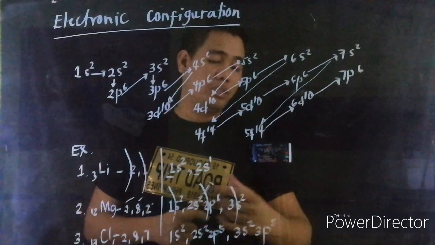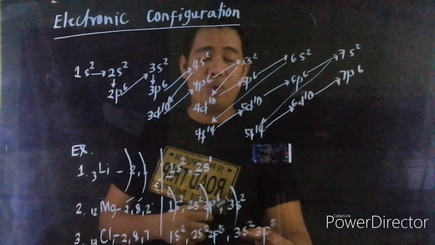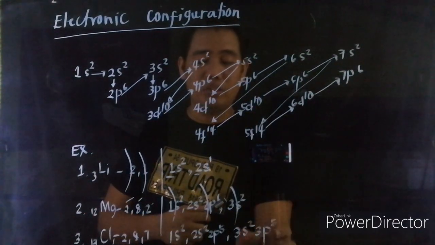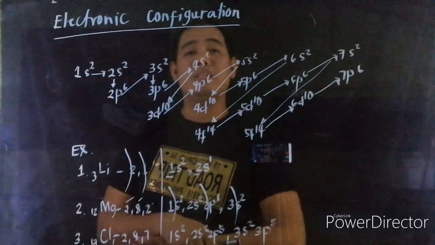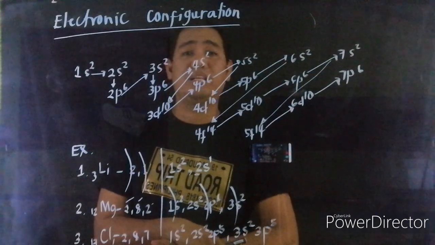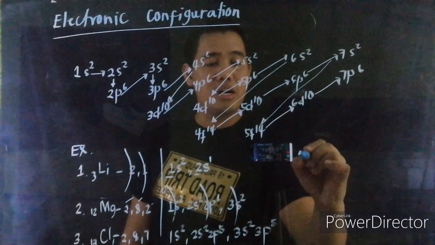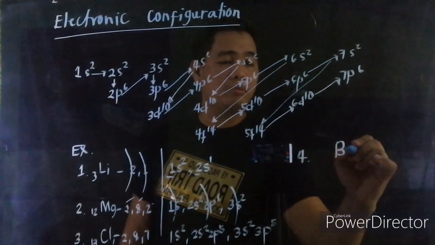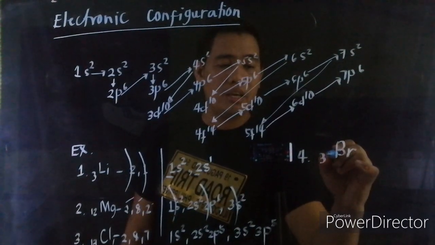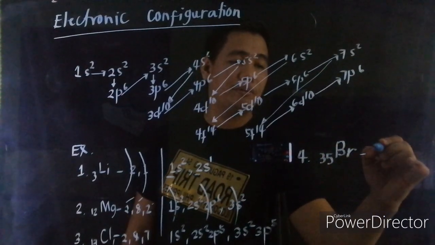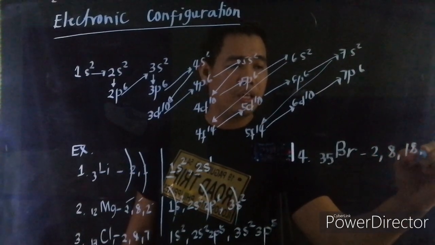So the P subshell can hold a maximum of 6. So we only need 7 for the third shell. So that is 2 plus 5 equals 7. Okay? So that is for chlorine. Hope you can still follow. So we have number 4. We have bromine. So bromine is 35. So we have 2, 8, 18, and 7.